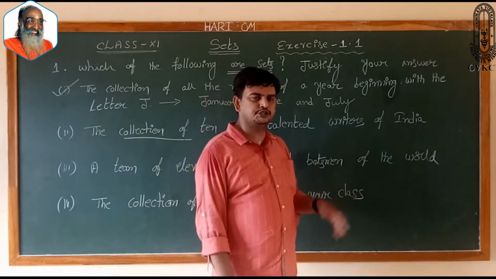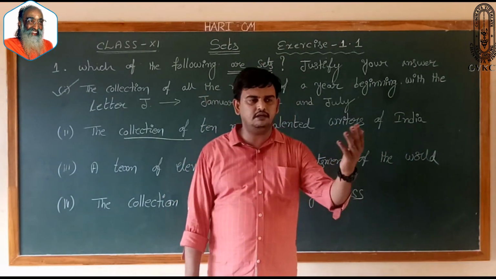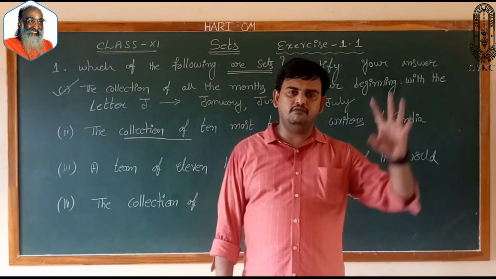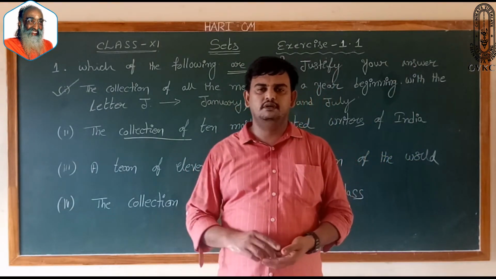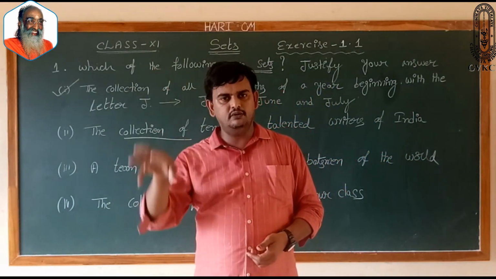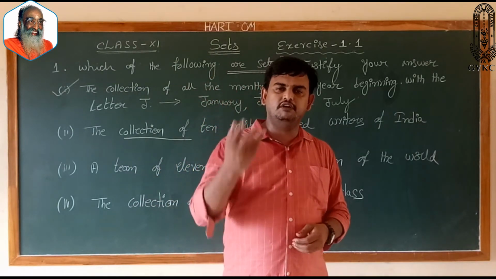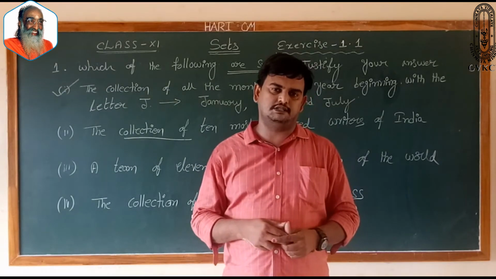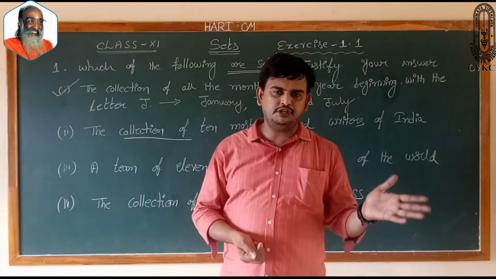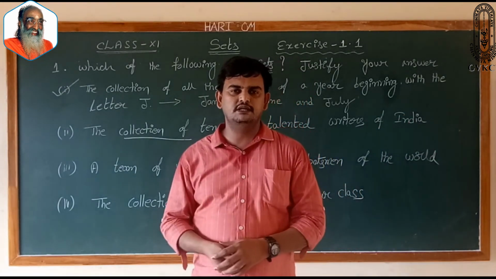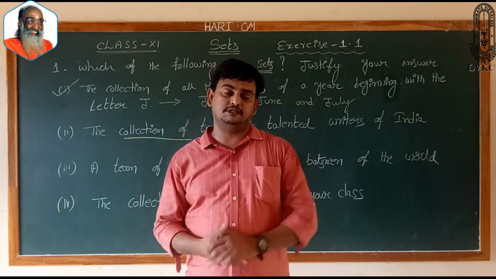If I ask the same question in your class, suppose I ask a boy, he will give 10 names. If I ask some other boy, he will give 10 different names. If I ask a girl, she will again give 10 different answers. So the same question given to 3 students gives me 3 different answers.